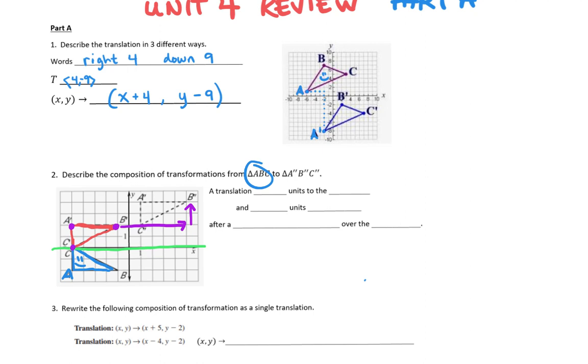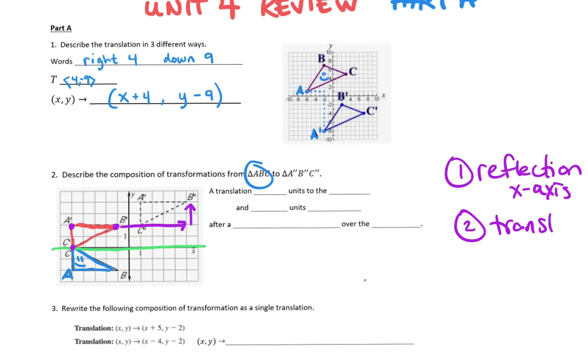So the first thing we did was a reflection over the x-axis. And the second thing we did was a translation. And I shifted, let's see, we use B prime as an example, right? 1, 2, 3, 4, 5, 6. And up 1, 2.